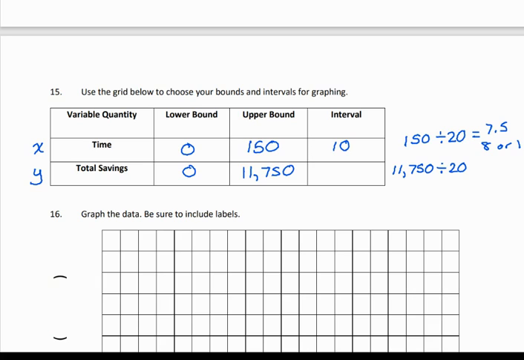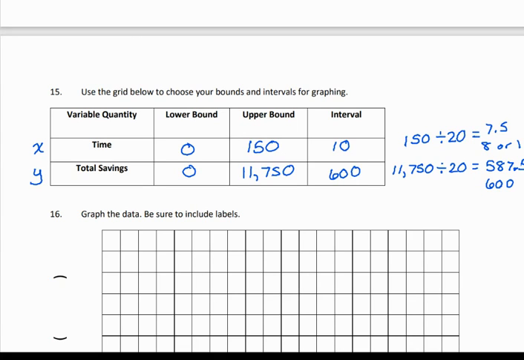It's because there's 20 lines on this graph. Okay, one moment. So when I do that, I get 587.5. Do you like counting by that number? No. What should I round that up to? 600. Yeah, I like 600 much better.